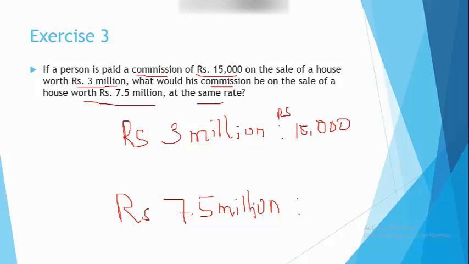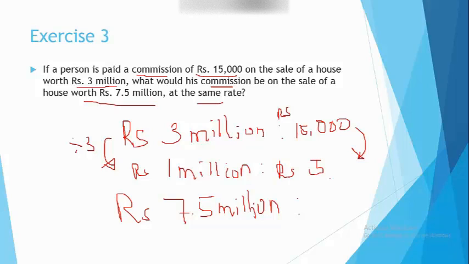So what we can do is we can reduce the number 3 to 1 simply by dividing 3 million by 3, which would give you 1 million. And whatever you do on that side, you'll be doing it on this side, which would give you 5,000. So now we have the commission for 1 million, which is 5,000, and we times it by 7.5 to get the commission for 7.5 million rupees.